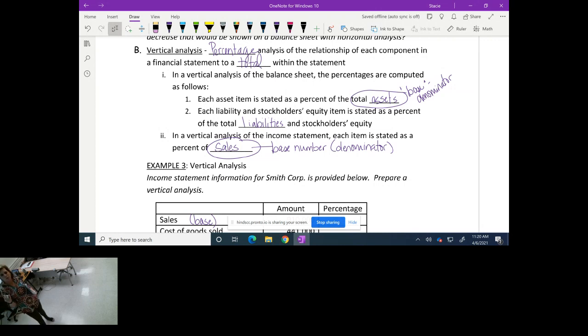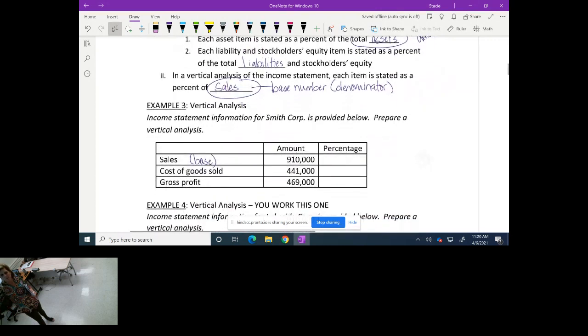So when you're doing these, for instance, we've got an example here. Whatever your base number is in a problem like this, it's going to be 100%. Your base number is on the bottom, it's 100%. So what you're trying to determine is, for these other numbers, what percent are they of sales?